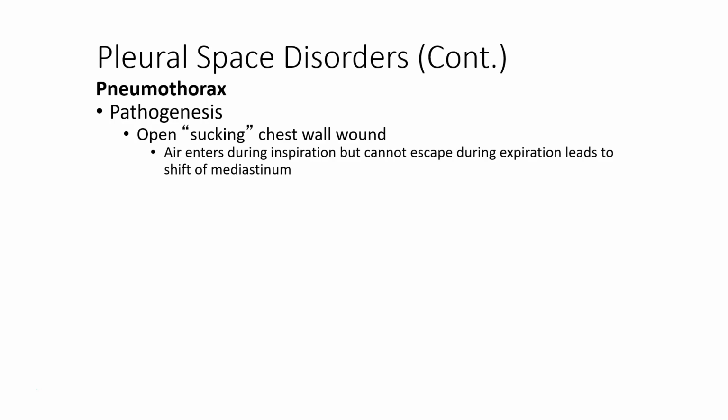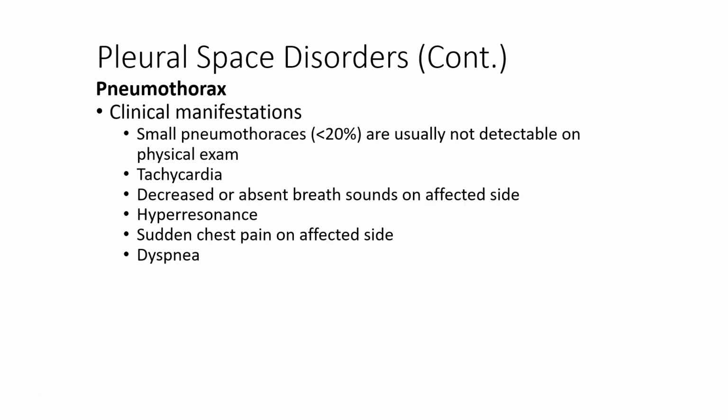And so you can put a piece of plastic over there to act like a valve to prevent air from escaping during breathing patterns as well. So this is one of the characteristic manifestations that you see with the pneumothorax.